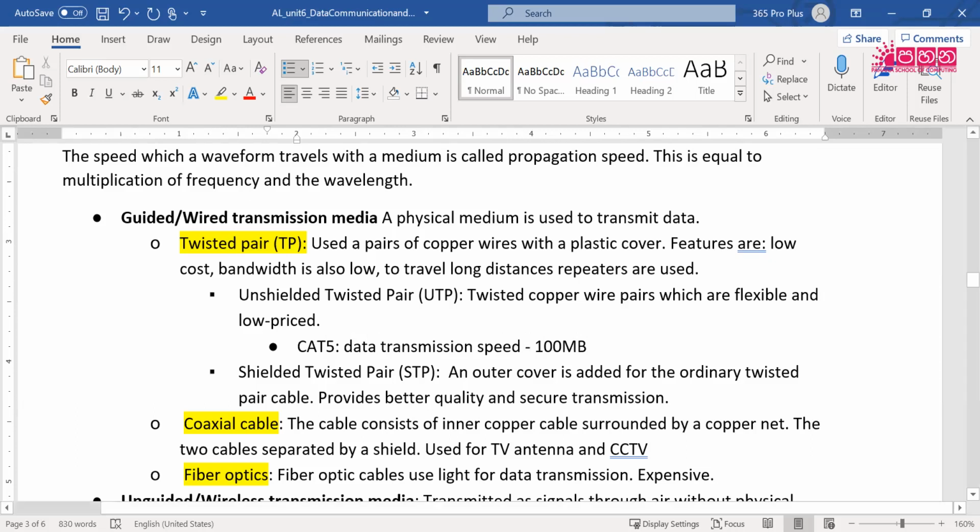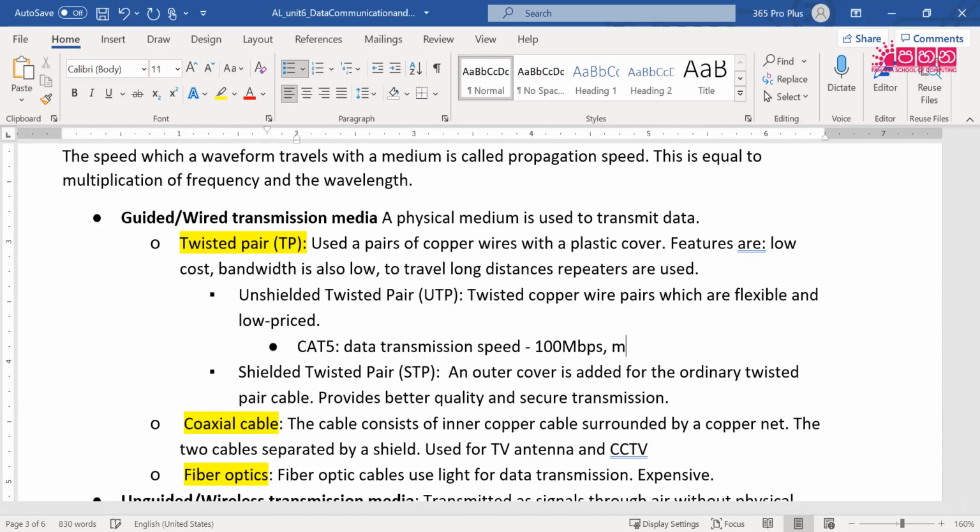And then the max length of the cable will be 100 meters. You can say 100 megabits per second, not megabytes, bits per second.